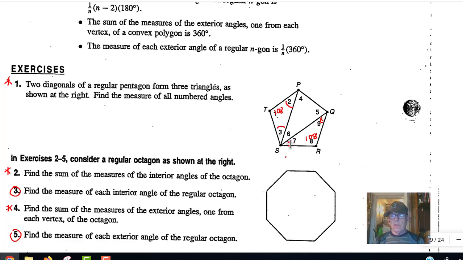You know what angle 7 is, that comes from the other triangle having to be 180. And then you subtract those two added together, 3 and 7, from 180, and you'll find angle 6. Up here, 108, take away angle 9 is going to be angle 5, and 108, take away angle 2 is going to be angle 4.